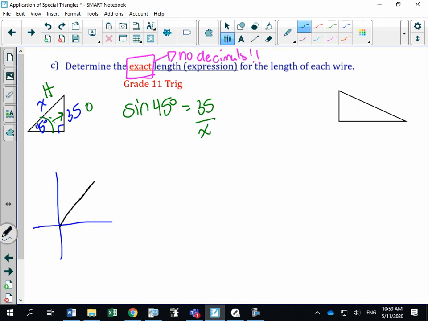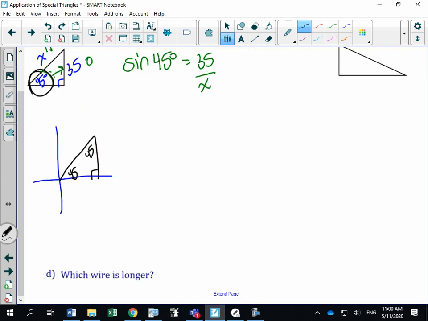So which triangle would have the 45-degree angle? That was the 45, 45, 90, right? And what did I tell you you need to memorize? And that was 1, 1, root 2, right?